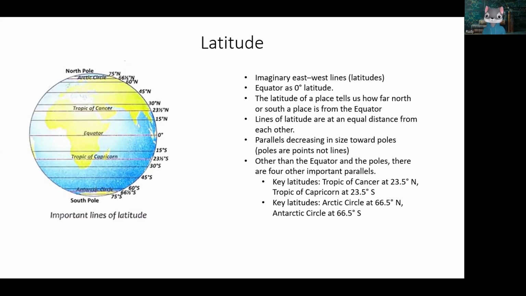The key latitudes are the Tropic of Cancer, we can see here, and the Tropic of Capricorn. And we can see the Arctic Circle, 66.5, and the Antarctic Circle. This is the Arctic Circle and this is the Antarctic Circle.